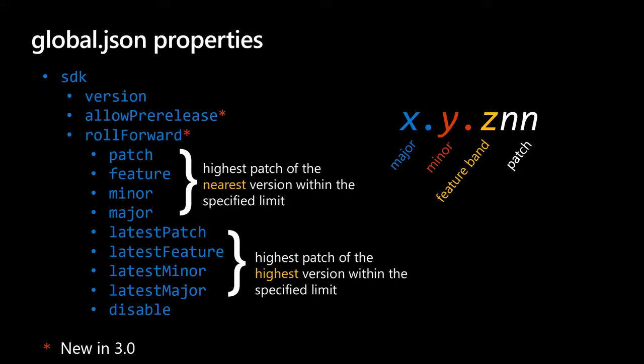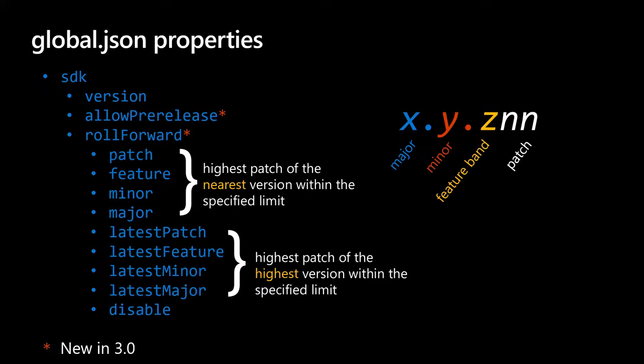So if you don't have the SDK you specified in global.json, it keeps trying to roll forward until it finds a match. If you say patch, it stops just at patch. If you say feature, then it keeps going to feature. And then latest is the opposite.